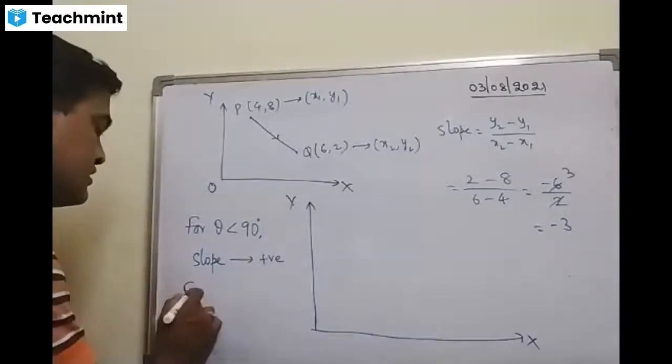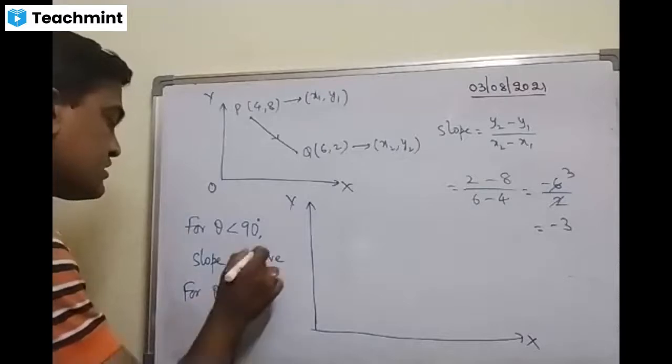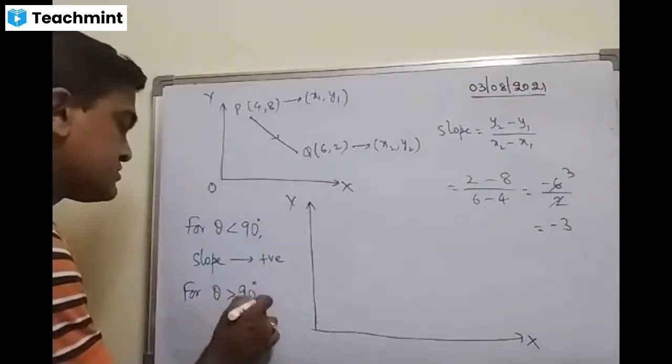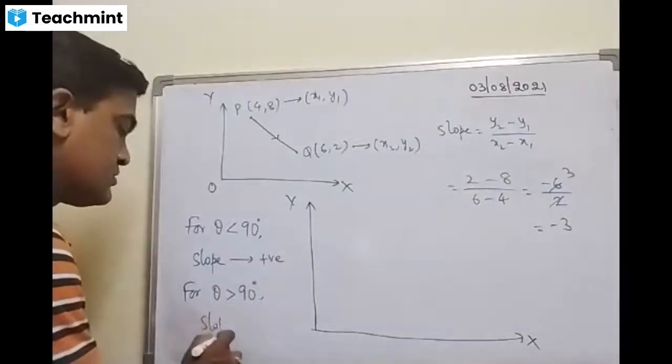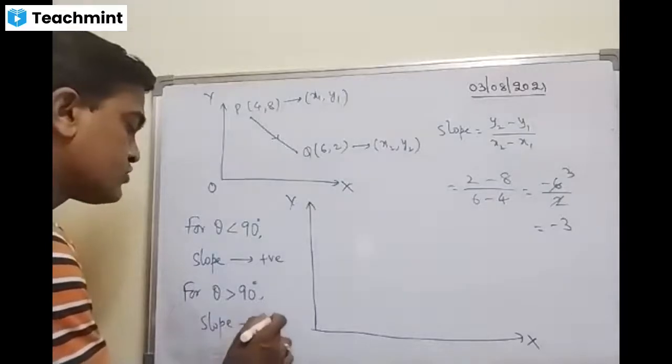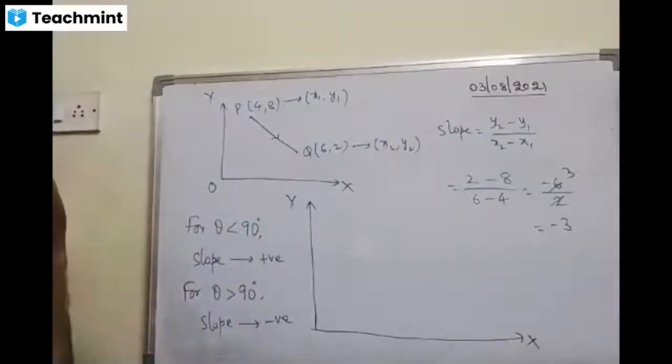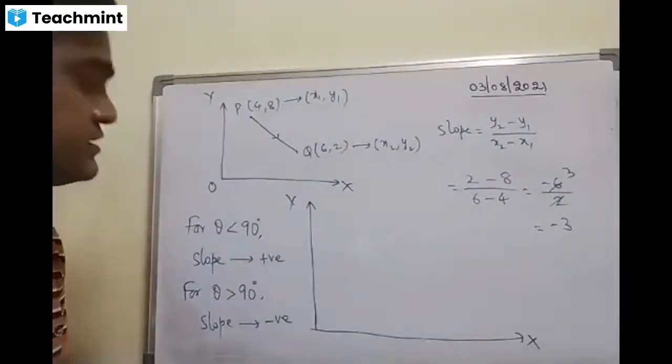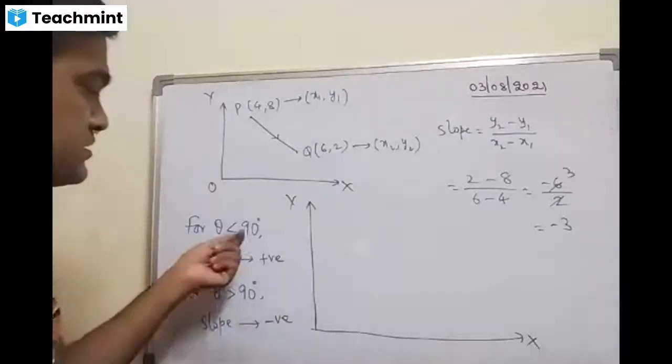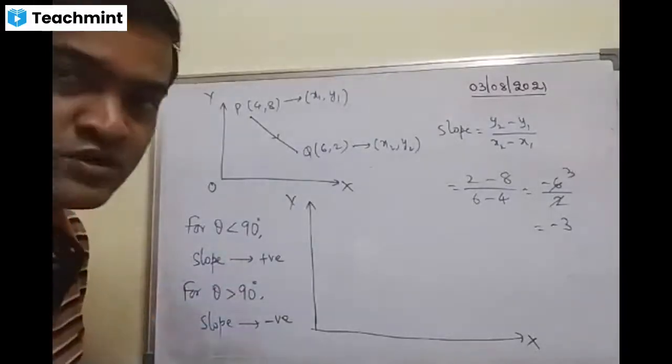And for theta greater than 90 degrees, the value of slope will be negative. Remember this. Theta less than 90 degrees, slope is positive.